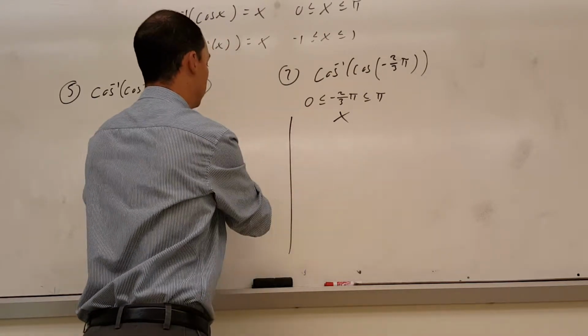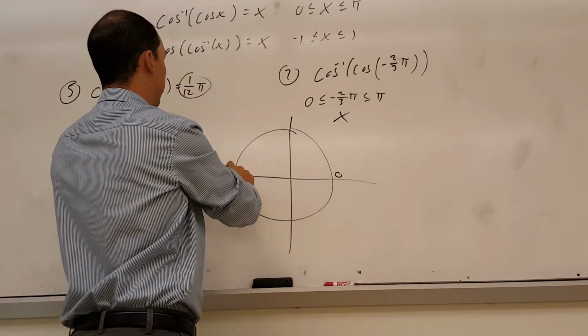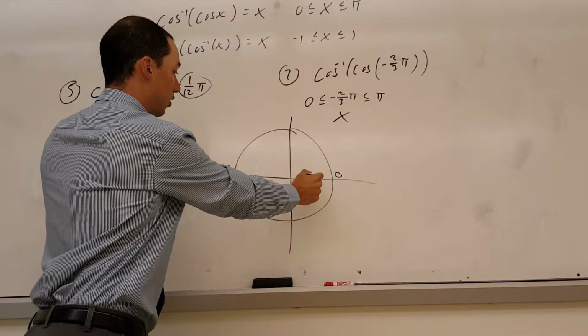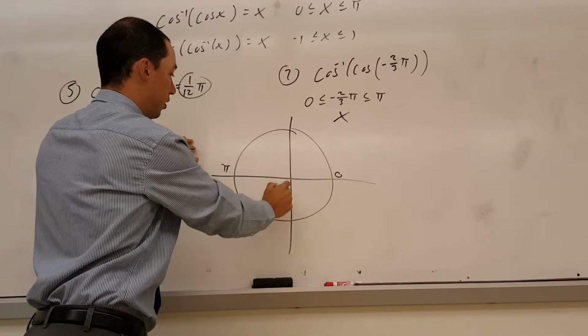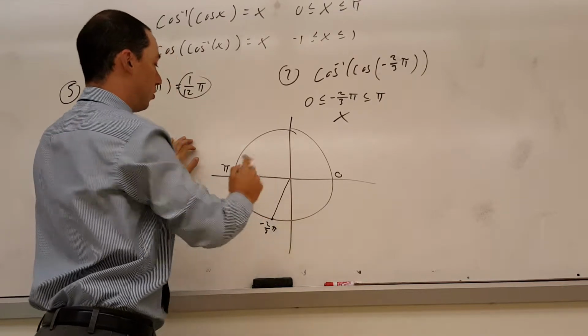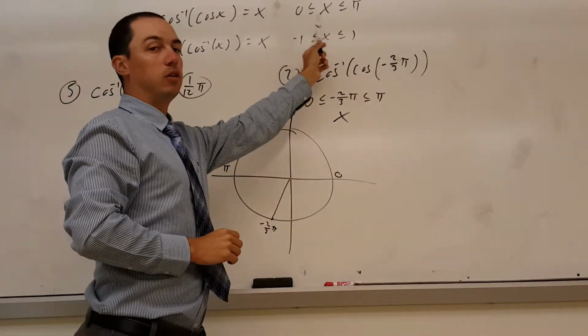So draw our unit circle here. Here's 0 radians, there's pi radians. Let's find -2/3 pi. That's -1/3 pi, and -2/3 is right about here. That's -2/3 pi. We need to find an equivalent spot on the unit circle that's within the angles we can use, 0 to pi.